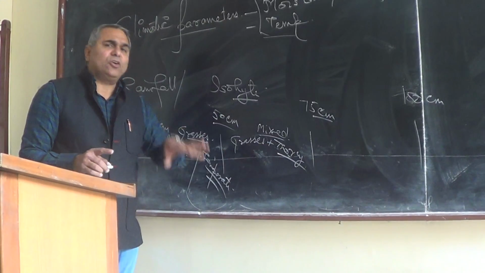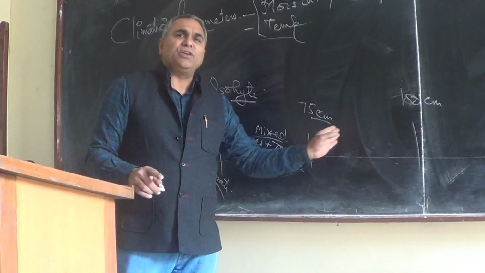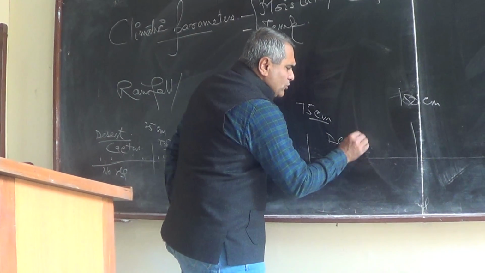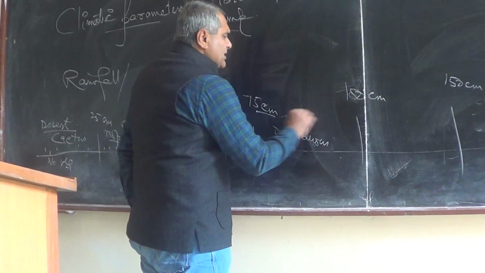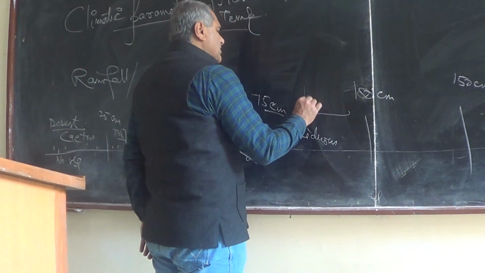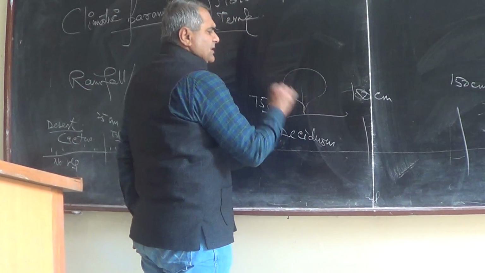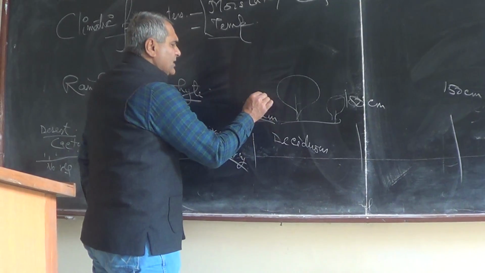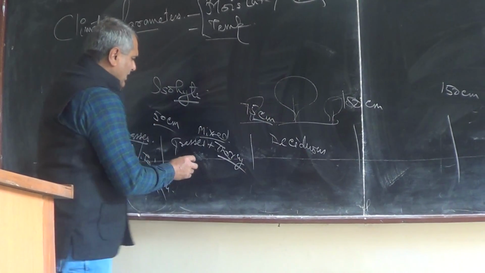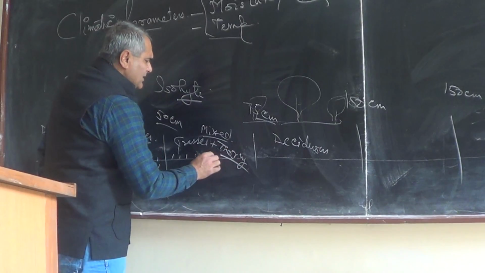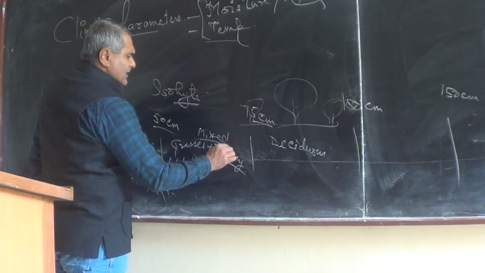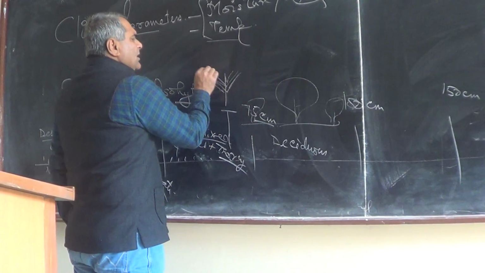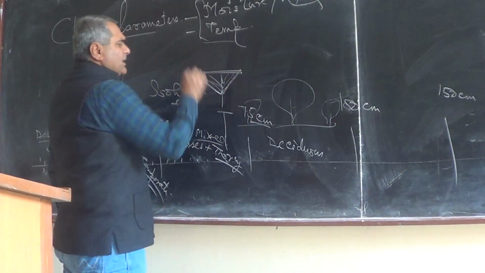So grasses and thorny vegetation. Once the amount of rainfall increases beyond this 75 centimeter, we have the deciduous vegetation. Deciduous is umbrella shaped vegetation, and this is different sized vegetation, and thorny vegetation is like this. Always thorny trees are like this. Top is flat and it is like triangular.